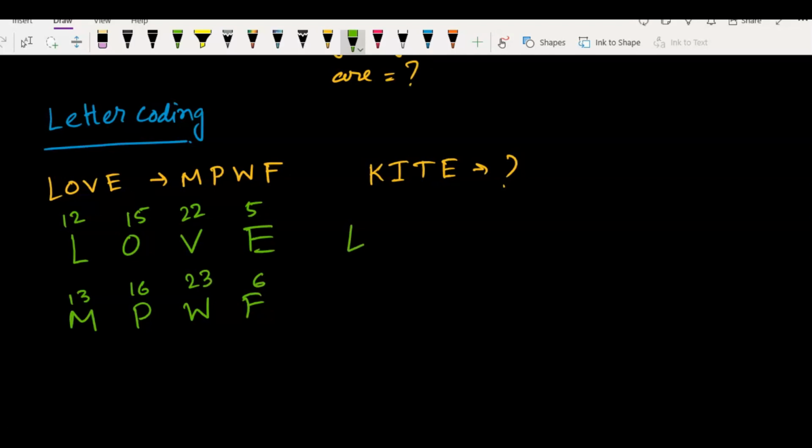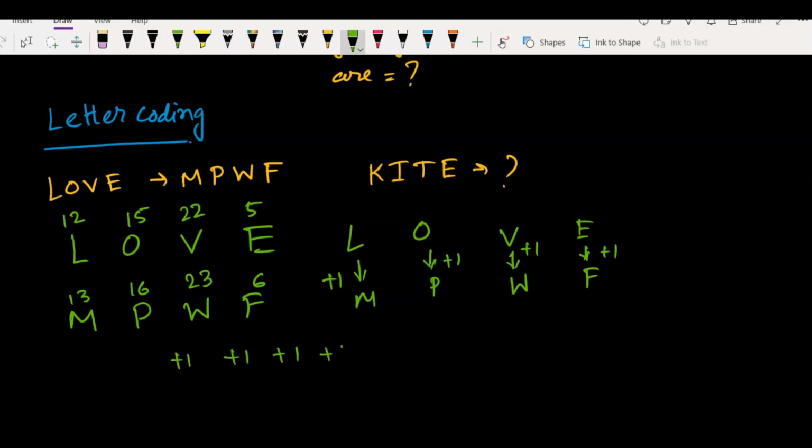So we see that L goes to M, that is plus 1. O goes to P, from 15 to 16, so plus 1. V goes to W, from 22 to 23, so here also plus 1. And E goes to F, so E is 5 and F is 6, here also plus 1. So the sequence is plus 1, plus 1, plus 1, plus 1.